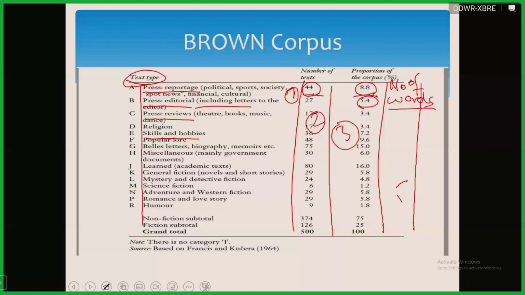If you have a huge corpus, most of the part may contain books because they have more words than research articles or others.